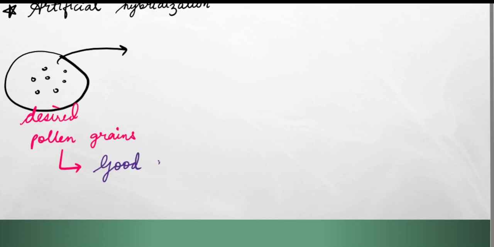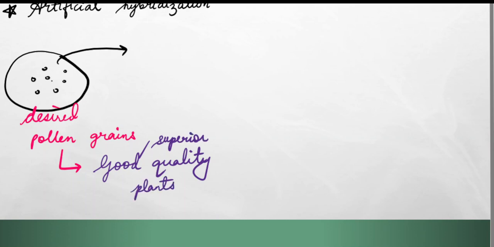So these are desired pollen grains, which are giving good variation, or giving good quality of plants. Instead of saying good, you can say superior quality of plants.